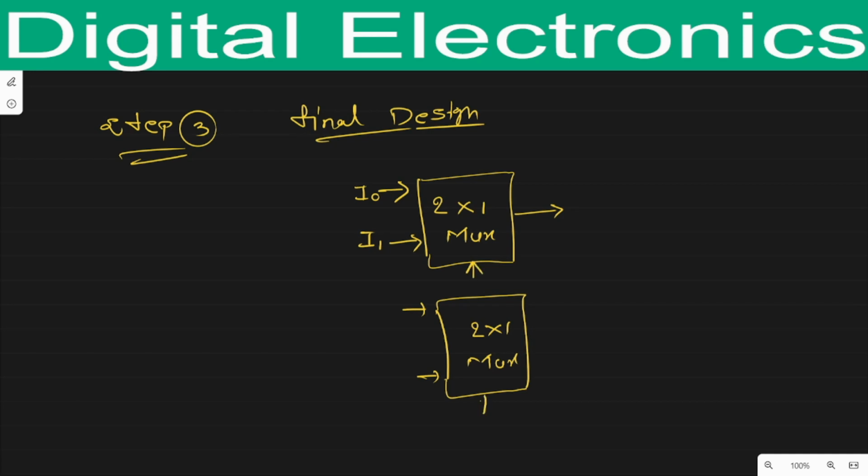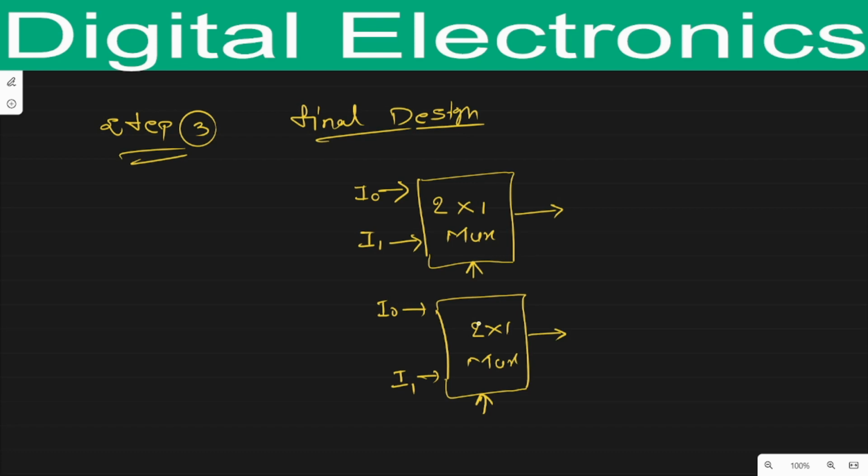Till we have not connected, I am writing I0 and I1 because I have not connected the upper multiplexer with the lower multiplexer.